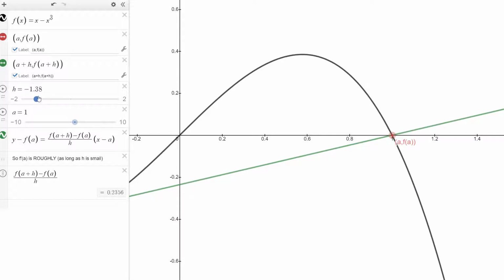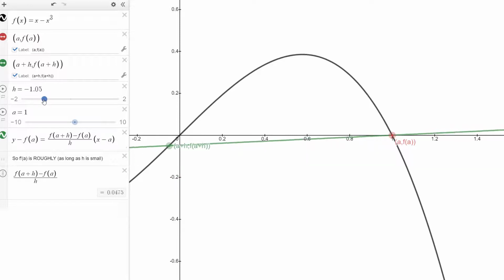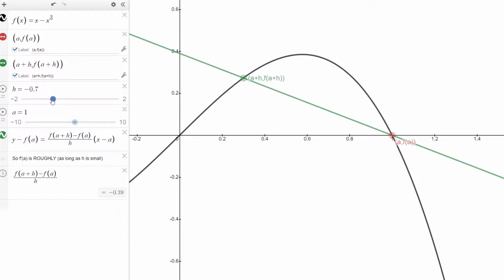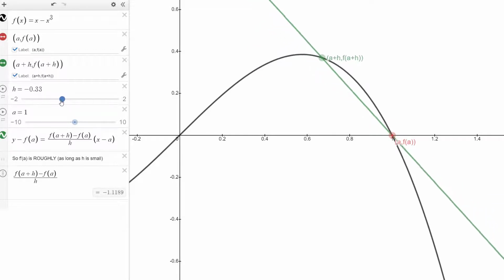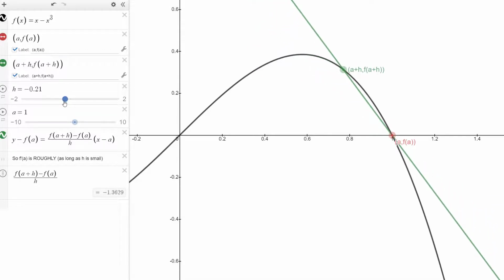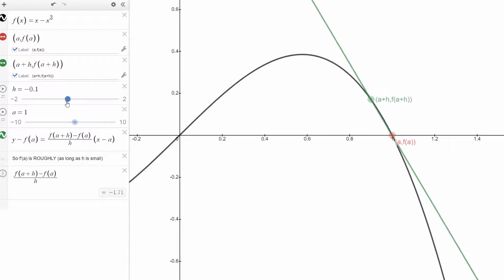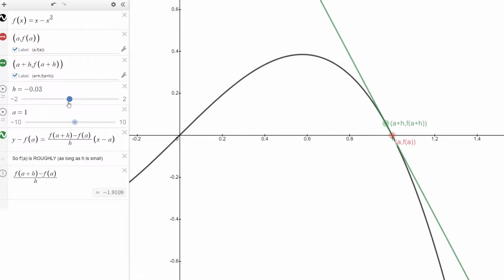So I'm going to let h approach 0. You can see what that does to the secant line. It starts dragging that non-anchor point, which is a plus h comma f of a plus h, closer and closer to f at a. Now I don't want to have it touch, because if it touched, then h would be 0, and you'd have a division by 0 for your slope.